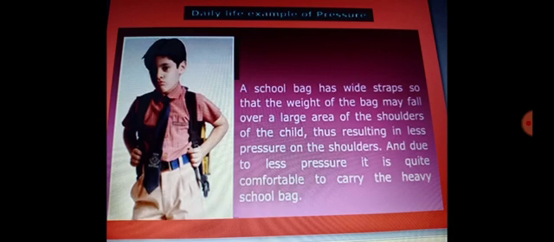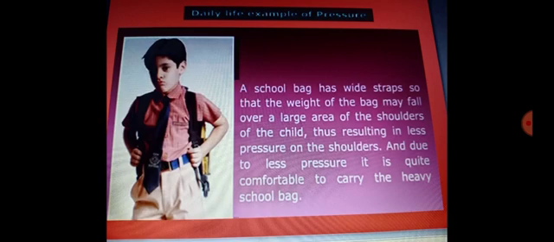So instead of this flat strap, if the strap was thin, then the pressure exerted on the body of the child in that smaller area, where the thin strap touches, would be greater. As a result, carrying the school bag would have been more difficult for the child.